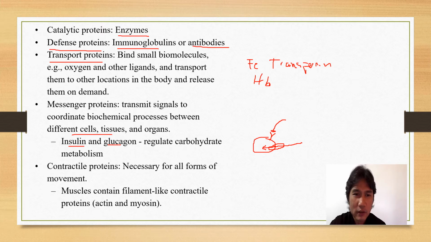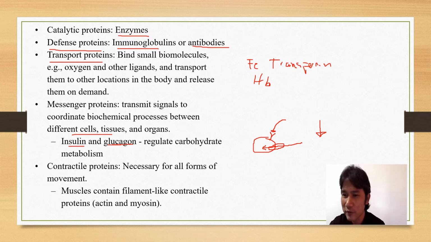Glucagon does the opposite. Glucagon does its work when the carbohydrate level in the blood is low. When the glucose level is low, the glucagon will stimulate the release of glucose from glycogen.